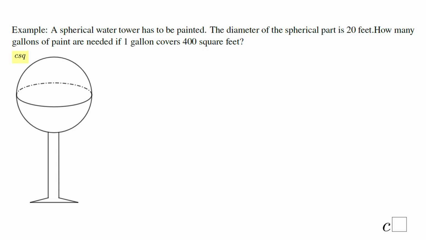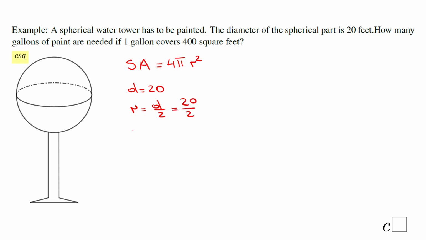So first of all, we need to find what? The surface area, because that's what you paint here. And the surface area is 4 pi r squared. You go outside of the sphere, so that is the surface area. And we know the diameter, that is 20. So for finding the radius, we're going to cut this diameter in half.